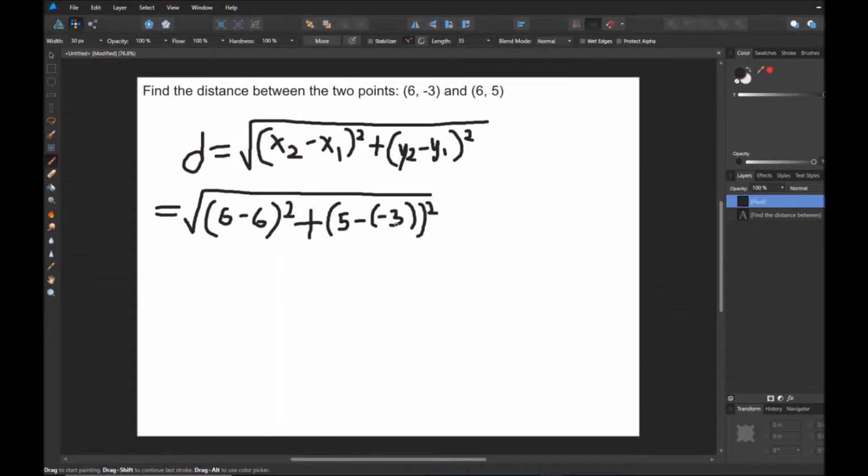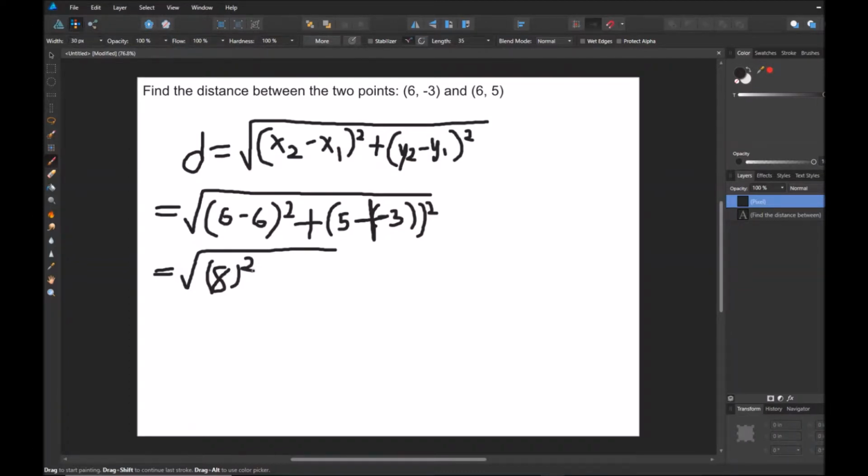5 minus a negative 3, if you ever go minus a negative number, it's really just like adding, so now it's 5 plus 3. Again, I'm not going to rewrite this because this is 0 squared, which is just 0. 5 plus 3 is 8, and then put an exponent right there.